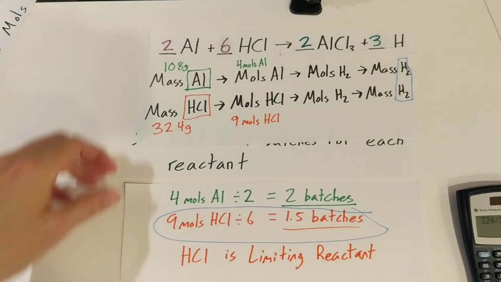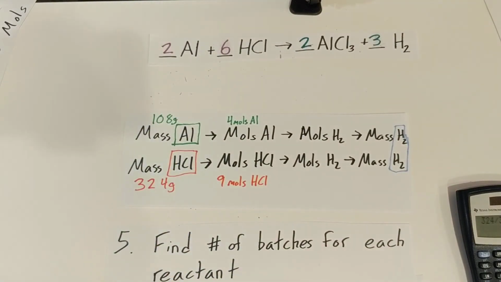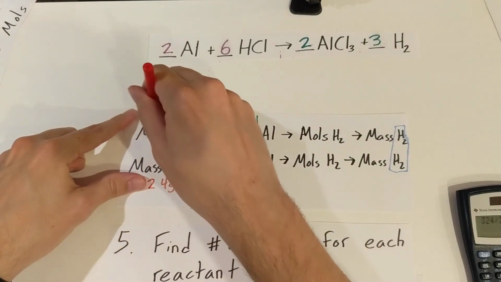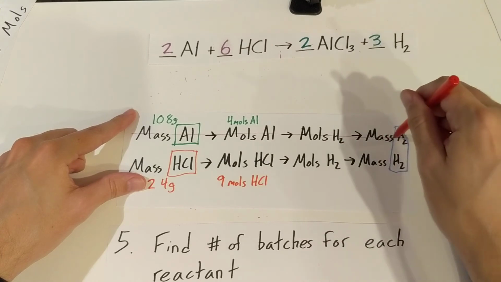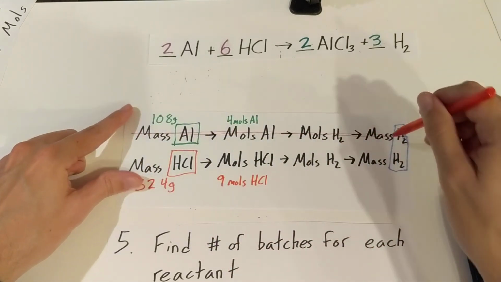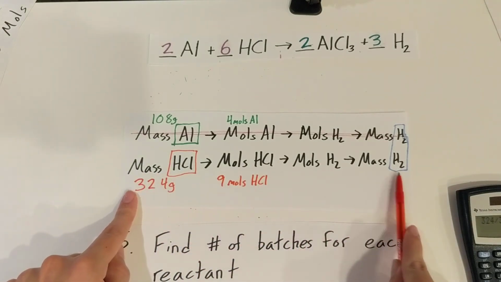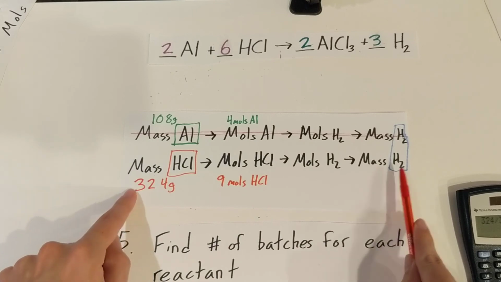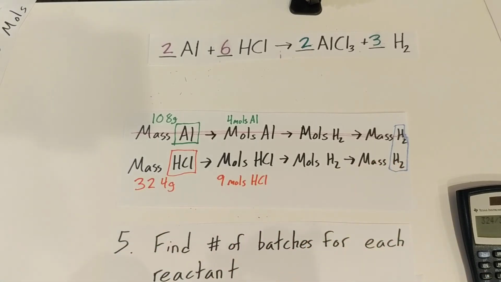Because of that, I don't have to do any more of this, because there's going to be extra aluminum left. This won't tell me anything, so I can cross out the rest of that part of the map, and all I've got to do is complete this bottom part here, and I'll find my answer, and that's because HCl is limiting.